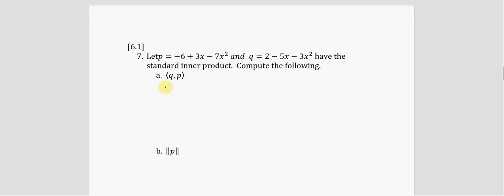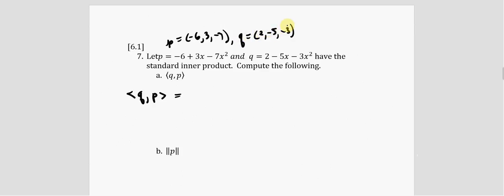Here we compute the inner product, part A, using the standard inner product. So the inner product of q and p is, and think about p as having the coordinates -6, 3, and -7. And then q is 2, -5, -3.